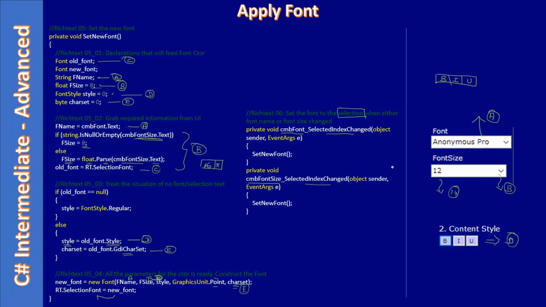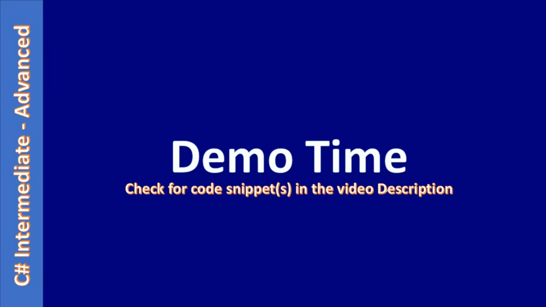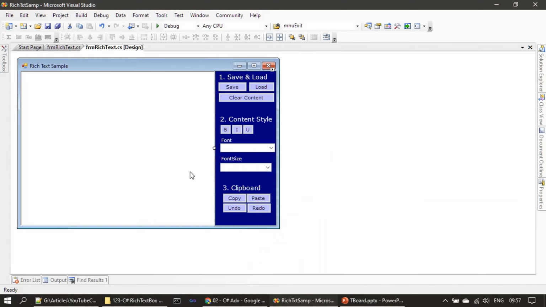And now we will go ahead and implement this. It's demo time now. So this is our example. In the previous parts we implemented save, load and this content style. Now we will implement this font and font size.